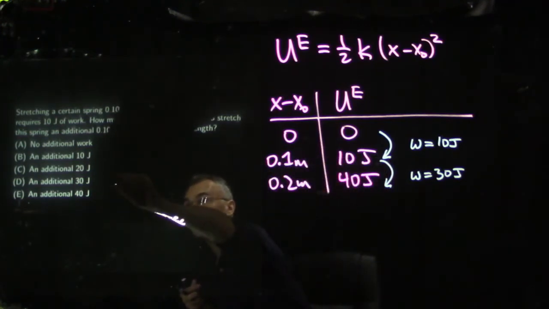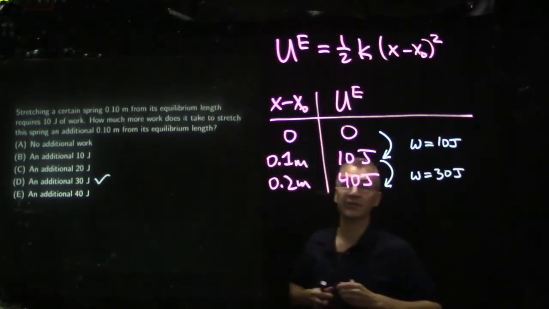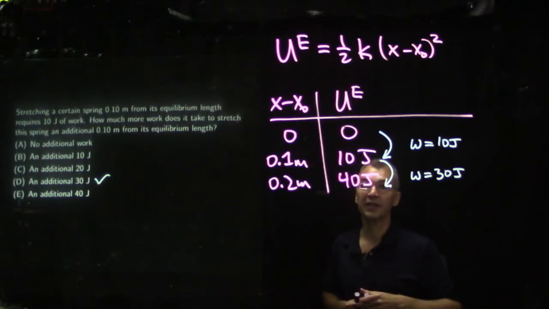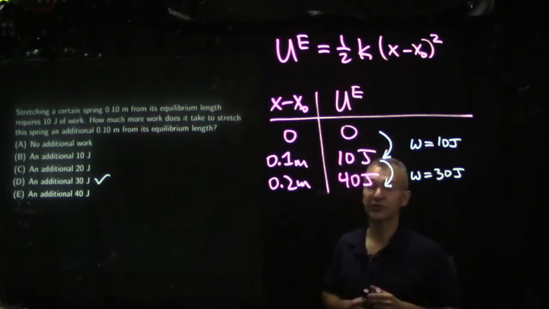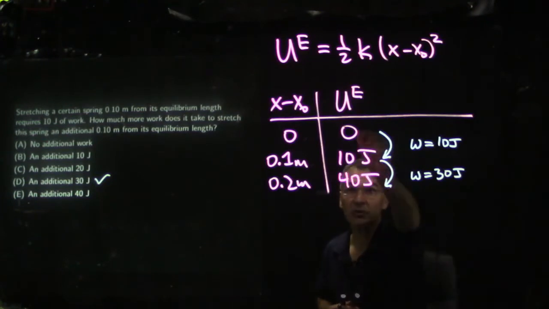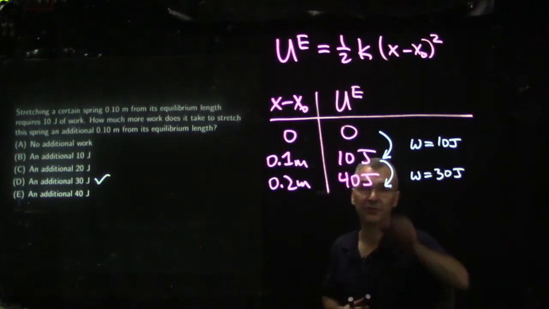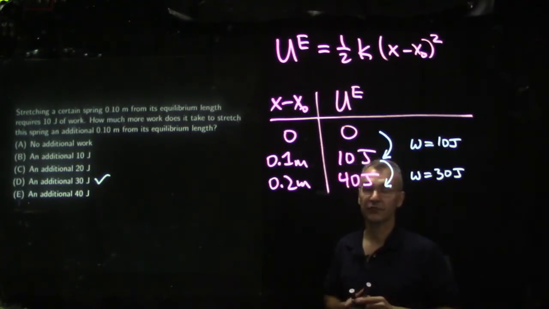So I think the answer is D, an additional 30 joules of work, because it took 10 joules to go from 0 to point 1, and it would take a total of 40 to go from 0 to point 2, but we were already at point 1. So to go from point 1 to point 2 would therefore take an additional 30 if the starting point is that we're at point 1.